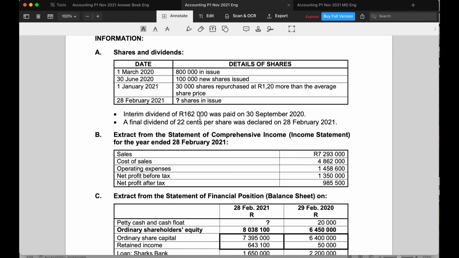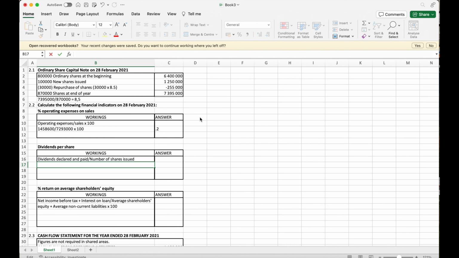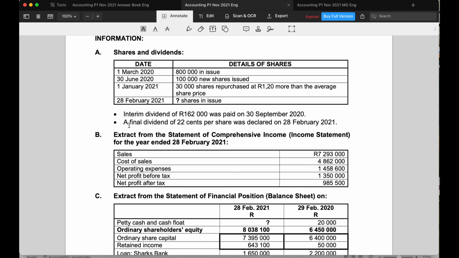Interim dividend of 162,000 was paid on 30 September. These are the dividends that were paid as interim, and we want to know the dividends for the year. How much was the final dividend? The final dividend of 22 cents per share was paid.